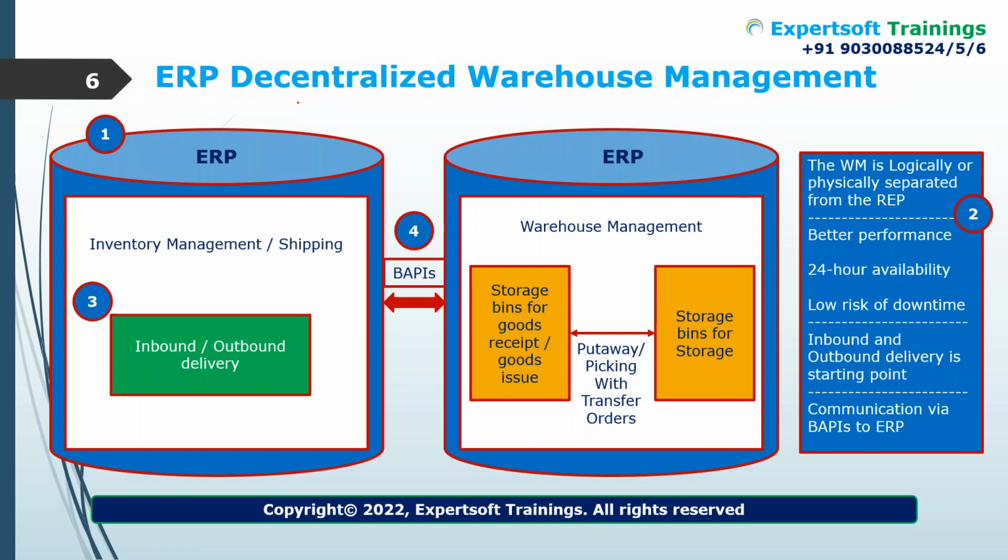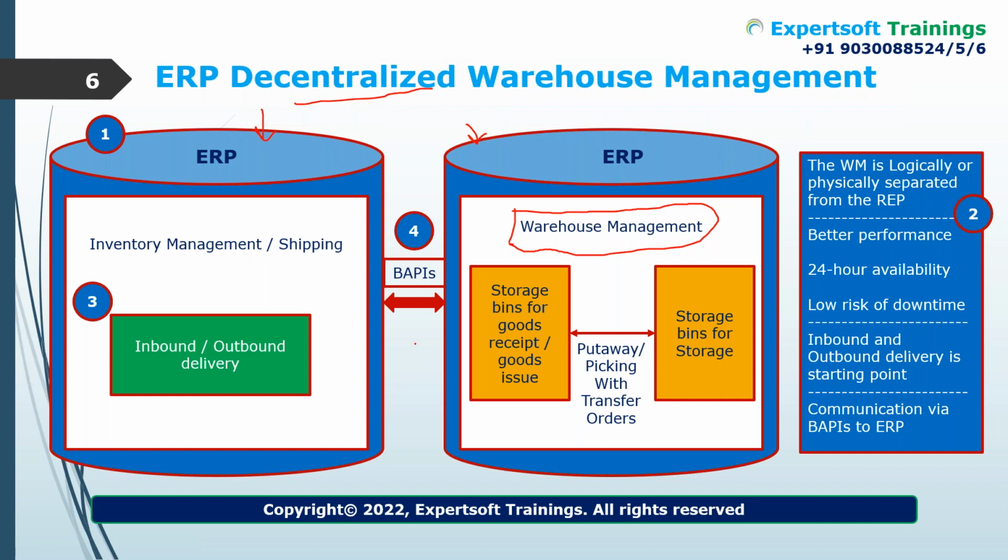Now related to the decentralized model: what does decentralized mean? Decentralized means your warehouse management solution is not in the same client. It is placed in a separate server, separate client, or separate box, and it was integrated with your mainframe ERP system via standard BAPI connectors.